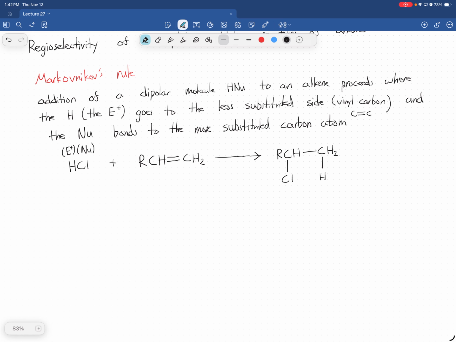Let's do a little exercise here. Write the major organic product of this reaction.